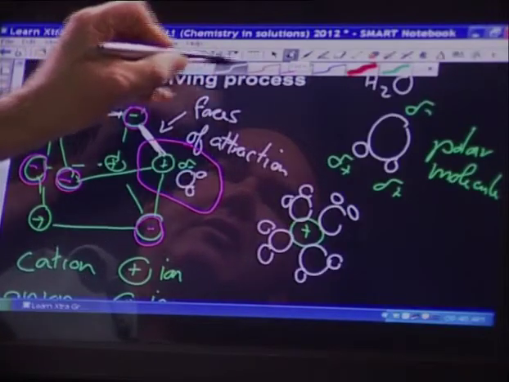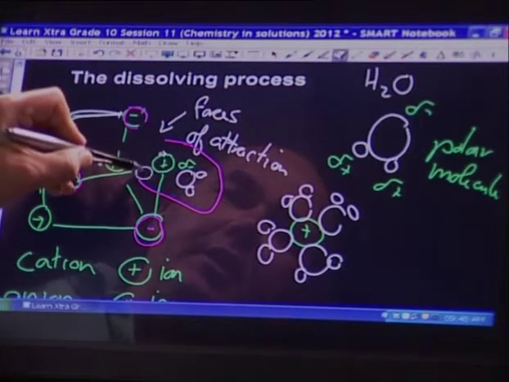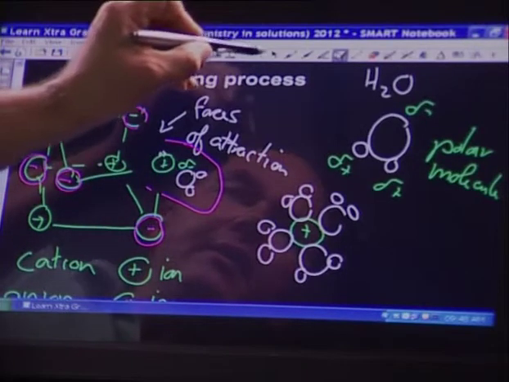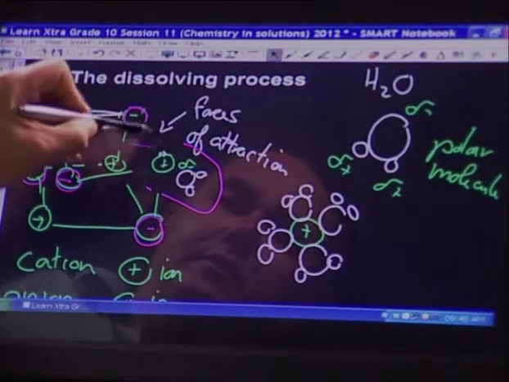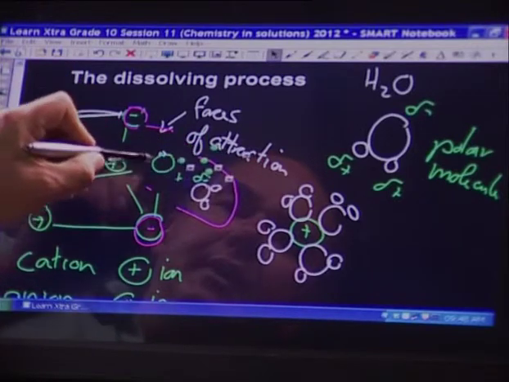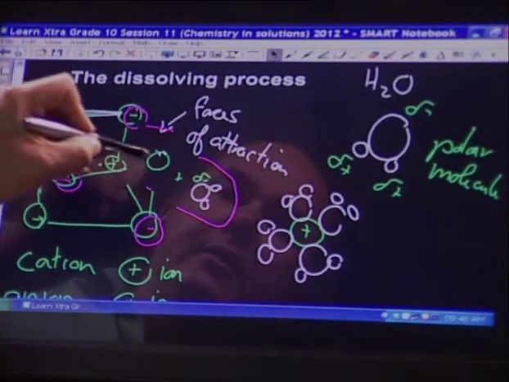So what happens is that this little guy over here, I'm just going to try and illustrate it by taking those little bonds out and saying this section here, these ones separate. I need to pull it apart. Just give me a second to do that.